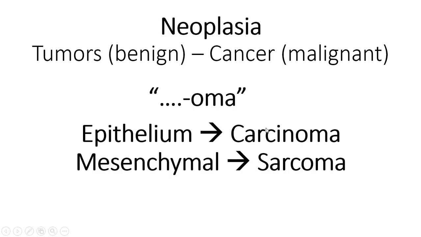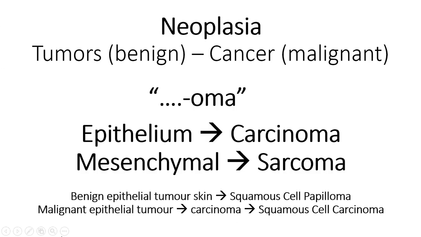If it's related with supportive tissue, like blood vessels, fibrous tissue, the tumor, we call it sarcoma. Carcinoma, sarcoma are malignant. So benign with oma as well.